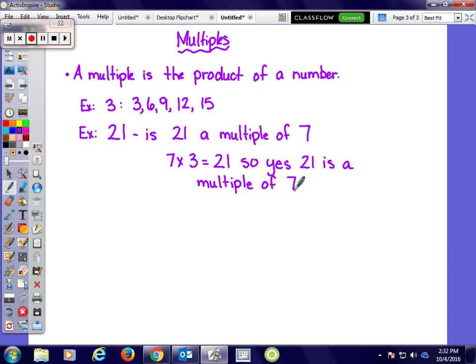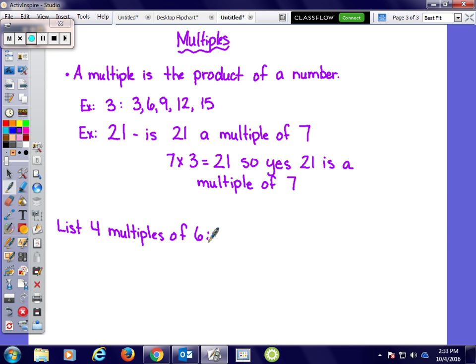So let's do some sample problems. What I would like you to do is list 4 multiples of 6. What are 4 multiples of 6? Okay, pause the video and write.